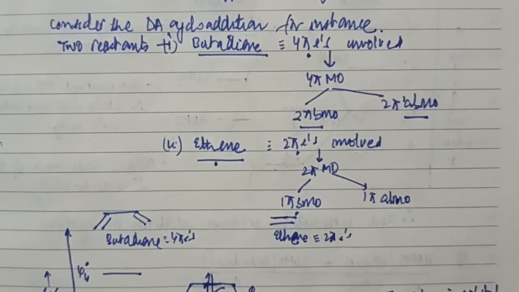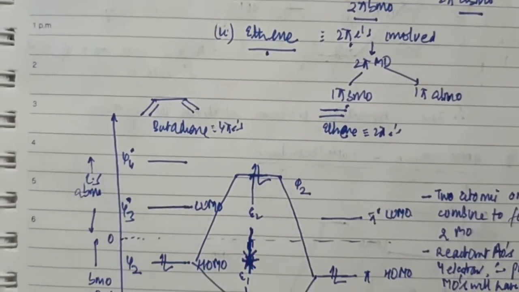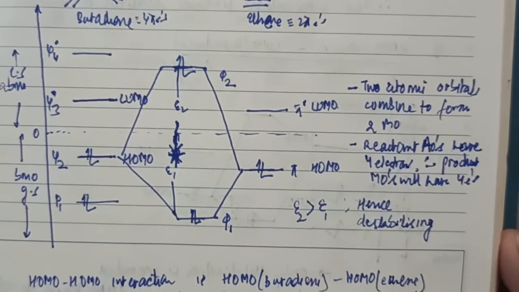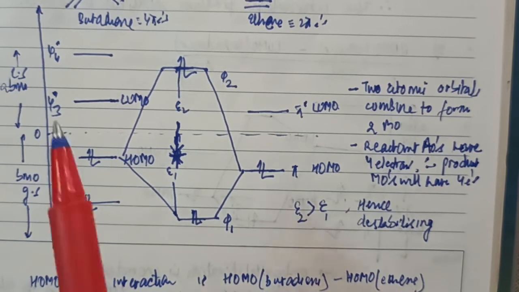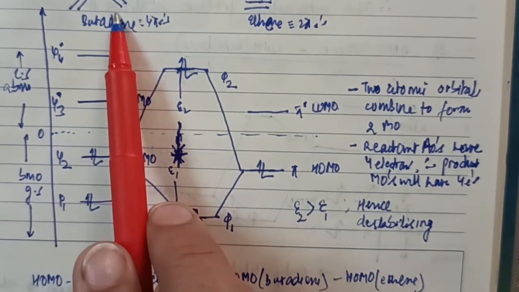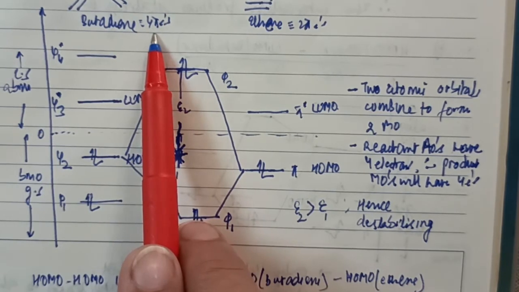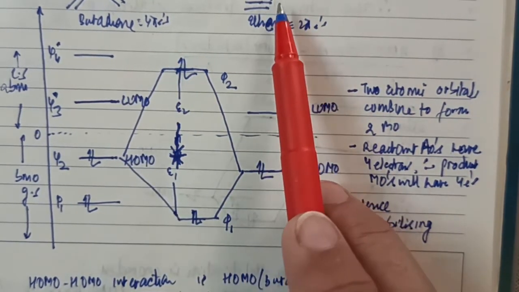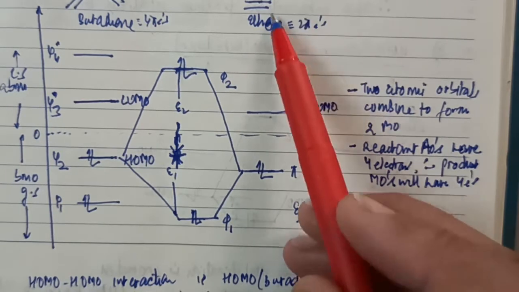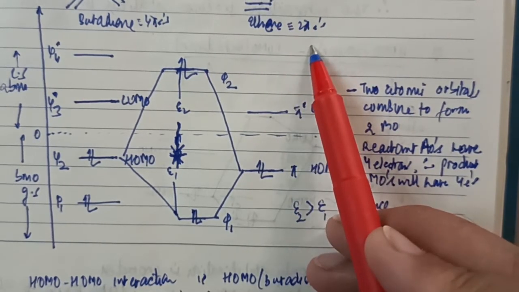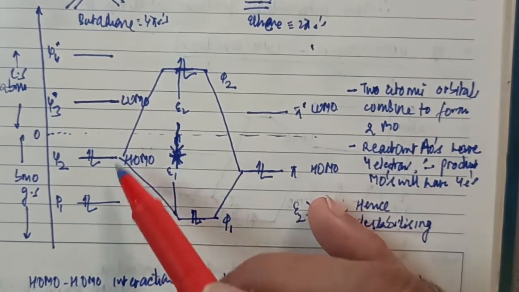Therefore, while drawing the molecular orbital energy level diagram, I'll try to explain this using the interaction between two components. The first component of the Diels-Alder reaction was butadiene, a 4 electron system. The second component of the Diels-Alder reaction is an ethene, which is a 2 pi electron system. I'll draw the 4 molecular orbitals of butadiene.